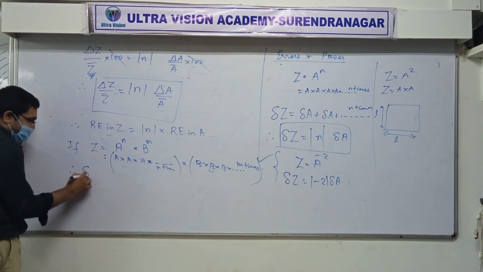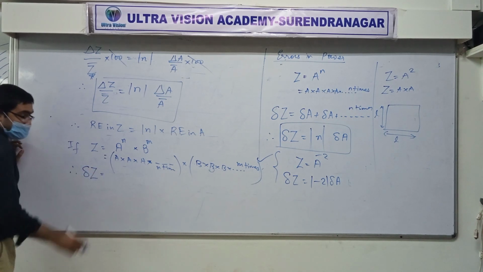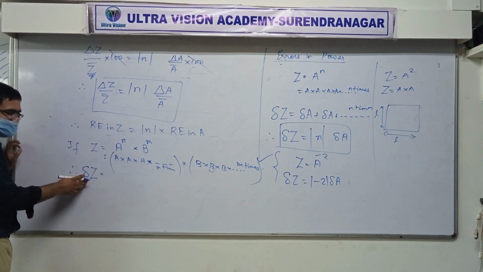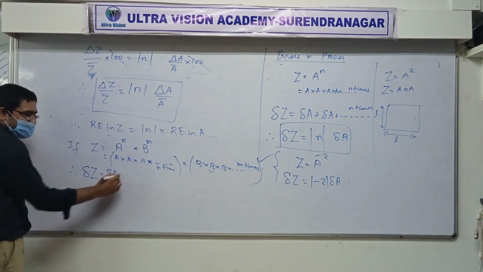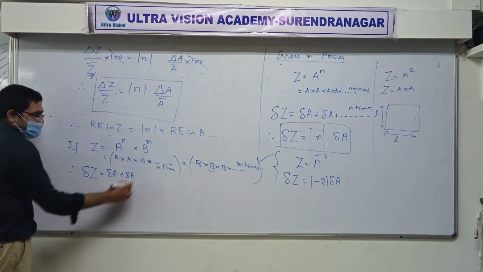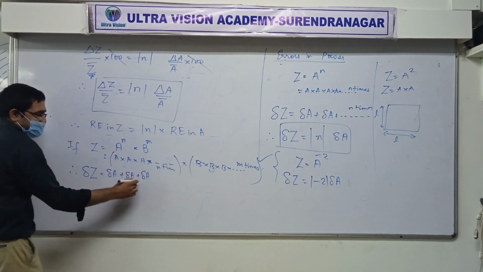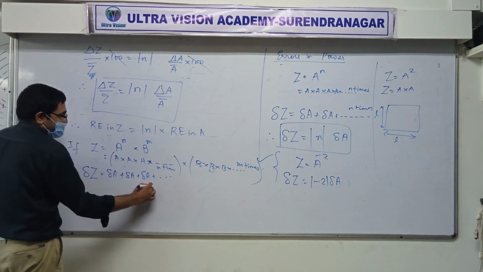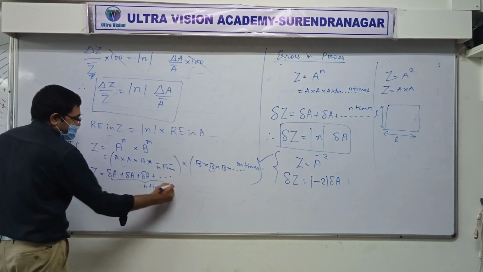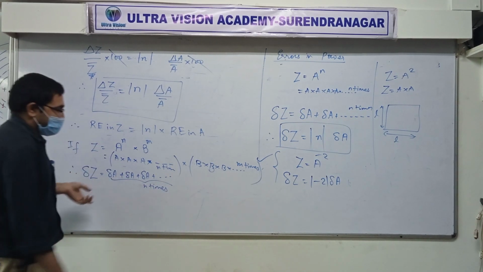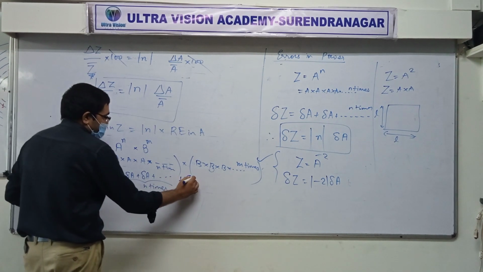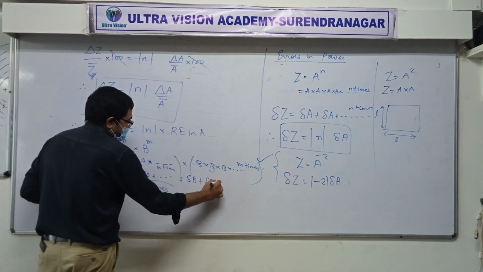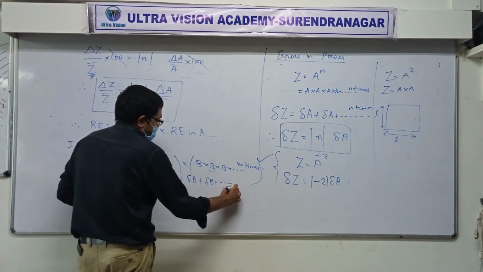So, let's use the relation for multiplication here also. So, del z is equal to the one from multiplication. Okay everybody? This is the relation from multiplication. Del a for the first one plus del a for the second one plus del a for the third one, like that, how many times? n times. So this will be n del a. And then plus now for b: del b for the first one, for the second one, and continue. How many times? m.